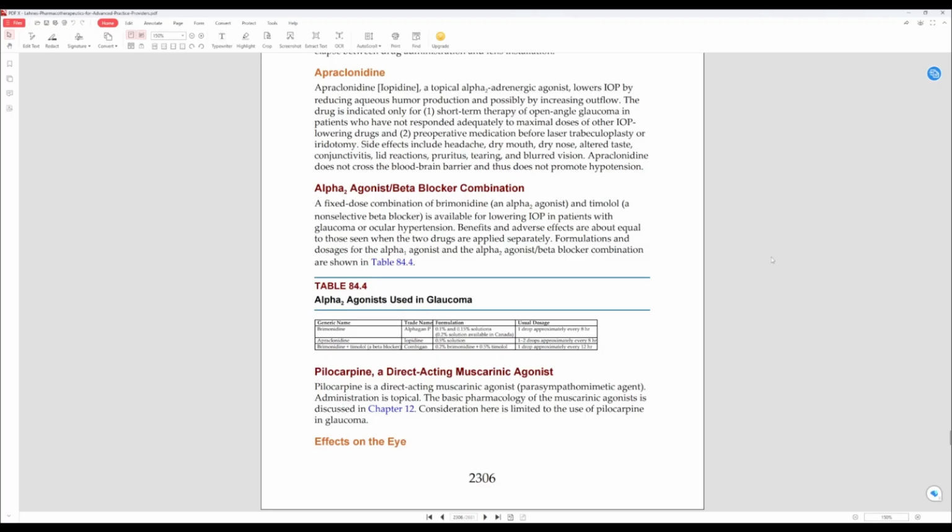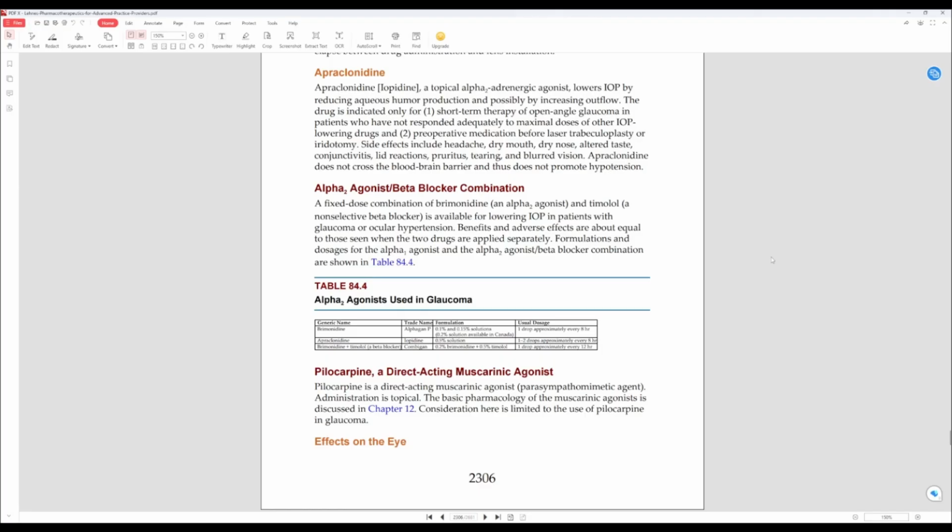Side effects include headaches, dry mouth, dry nose, altered taste, conjunctivitis, lid reactions, pruritus, tearing, and blurred vision. Apraclonidine does not cross the blood-brain barrier and therefore does not promote hypotension.